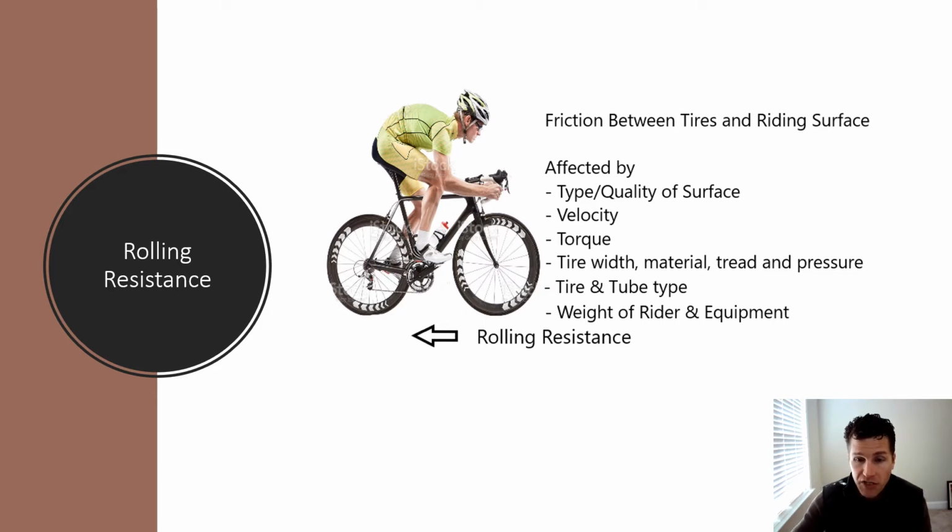But since they're heavier tires, and that's rotating weight, meaning you have to keep accelerating it, and if you remember your physics, something rotating in a circle is continuously accelerating, that rotating weight is a little bit more important than the weight of your body and the frame, for example.